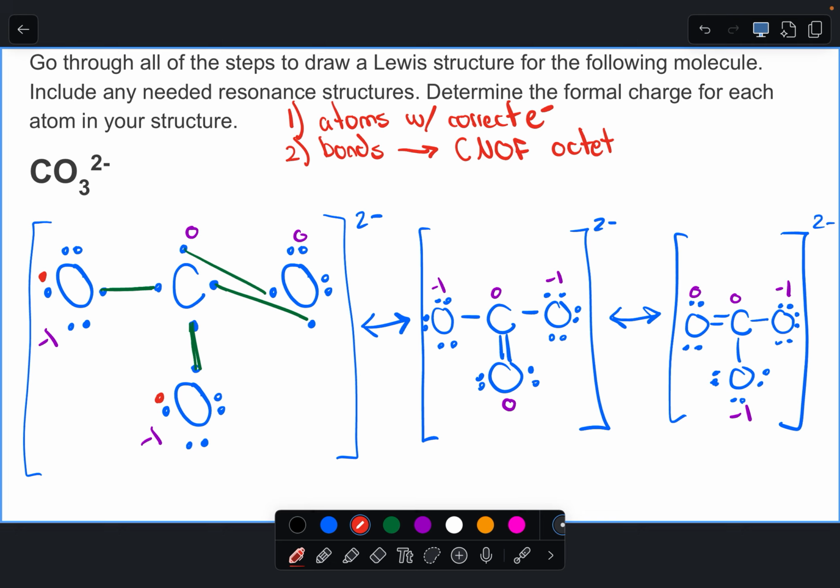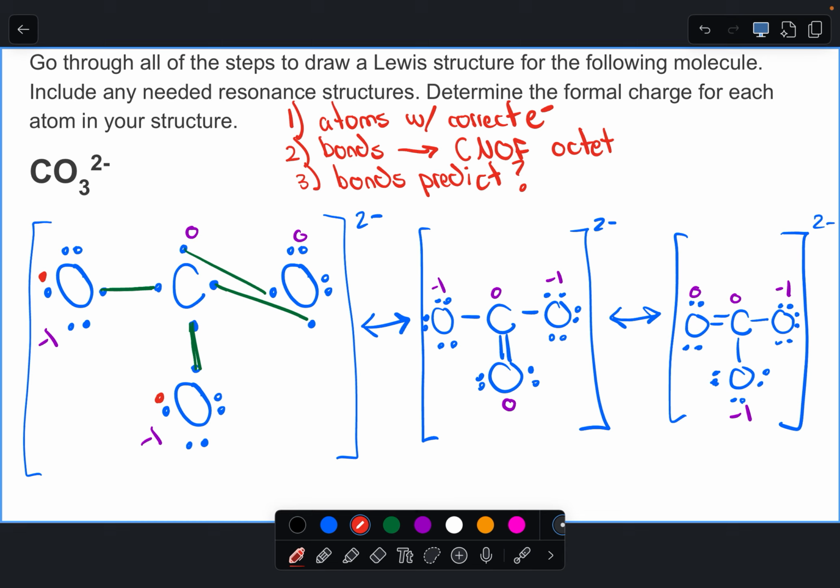Okay, and as part of this, you want to consider, do they have the bonds that we would predict? Like, do we see carbon having 4 bonds? Do we see oxygen having 2 lone pairs and 2 bonds? That's not a requirement, but a lot of the time it can be a really good guide.